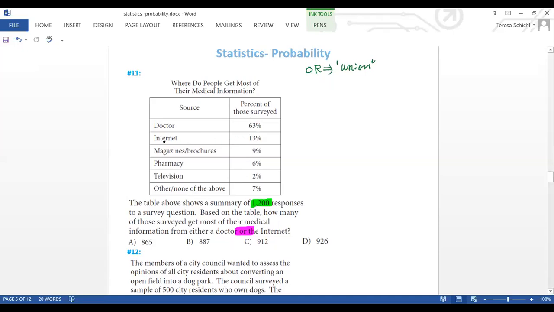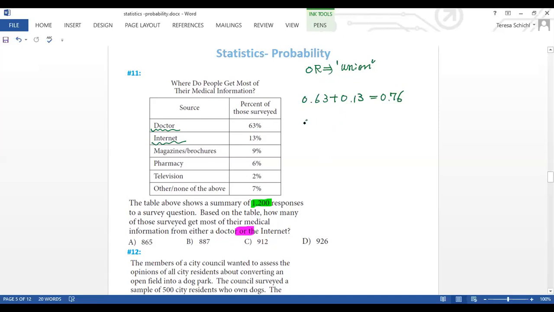So we say, what is the doctor or internet? The total percentage will be 0.63 plus 0.13, so this will be 0.76. The total is 1,200, and 76% of them get their information from doctor or internet.